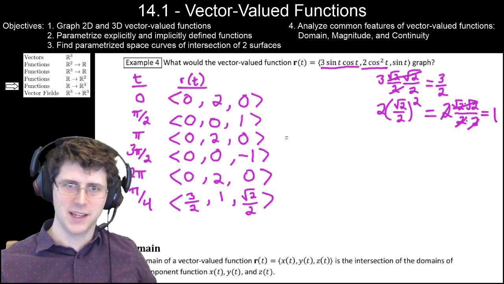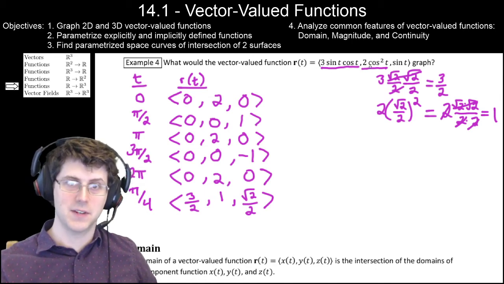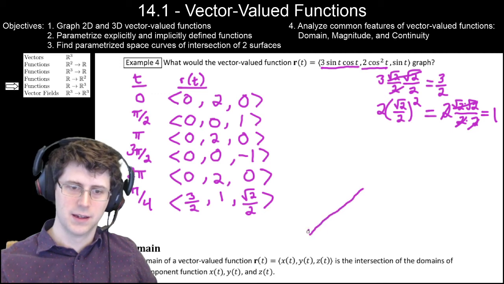Guess I'll try to graph these. There's no way I'm ever getting past 3 for the x's, and there's no way I'm ever getting past 2 for the y's. So I have some idea of what my window should be.